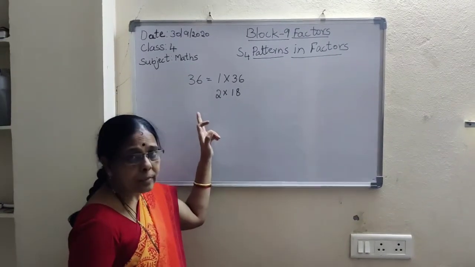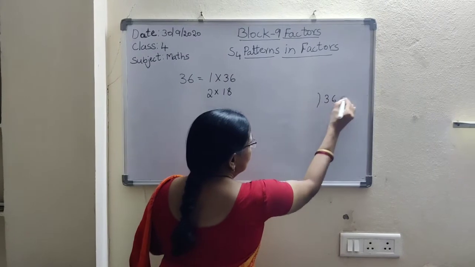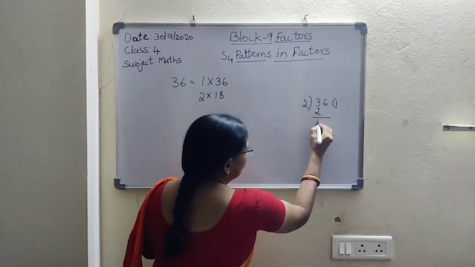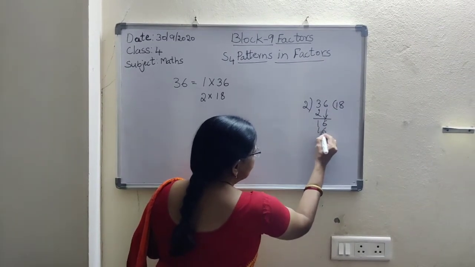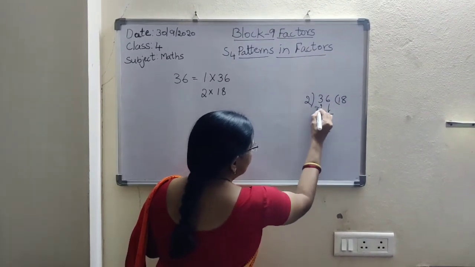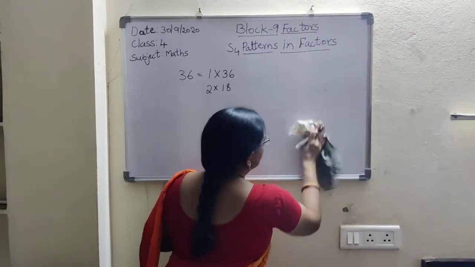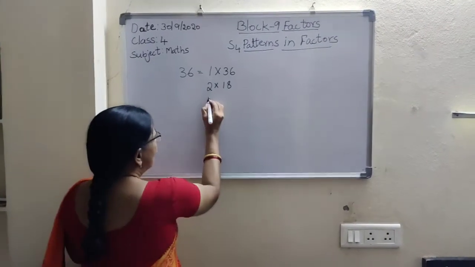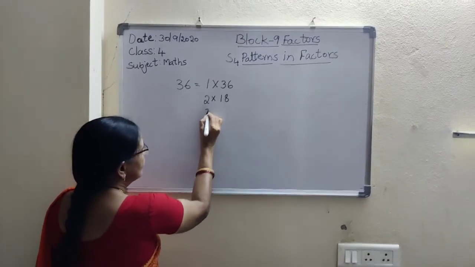If you feel this is a big number, you can find out by dividing, children. 2 1s are 2, 2 8s are 16, remainder will be 0. So 2 is a factor of 16, 2 8s are 16. Now sorry children, 2 18s are 36.